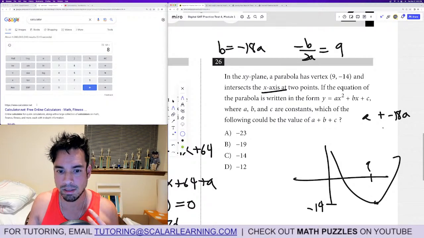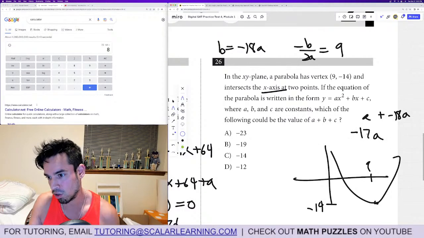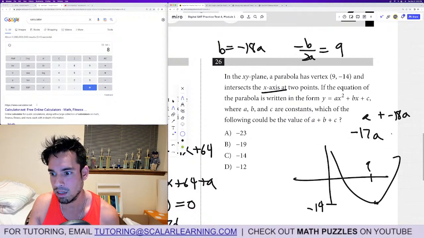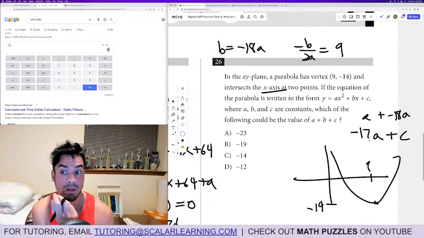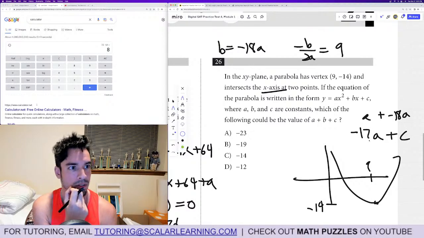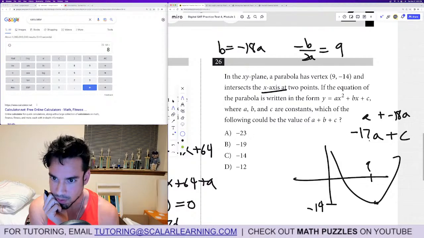And then c, do we know anything about c? So it's negative 17a. So this is negative, and then c, we don't know. I mean, the y-intercept could be negative or positive, right? Negative 17, shoot. Which are the following? Okay, wait. Let me think here.